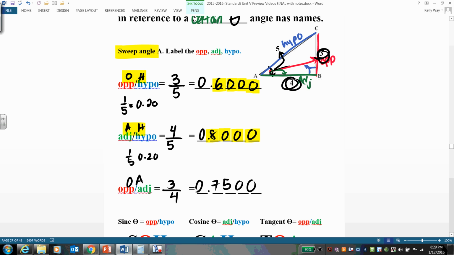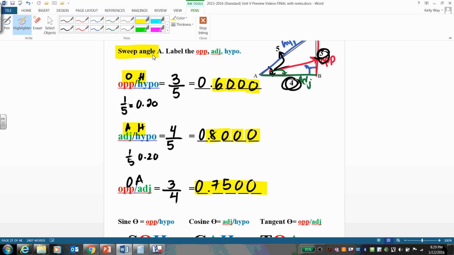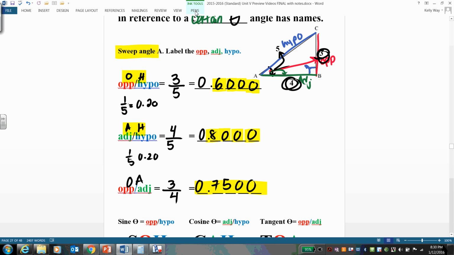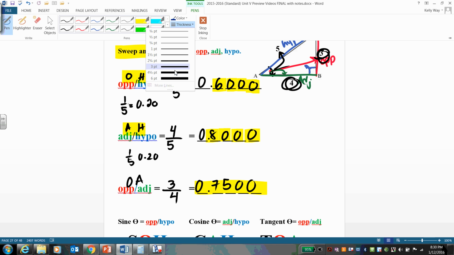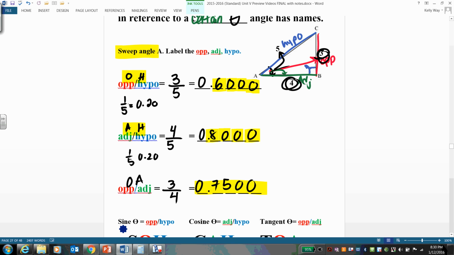Now these 3 ratios have names. The ratio of opposite over hypo has the name sine. Adjacent over hypo is cosine.